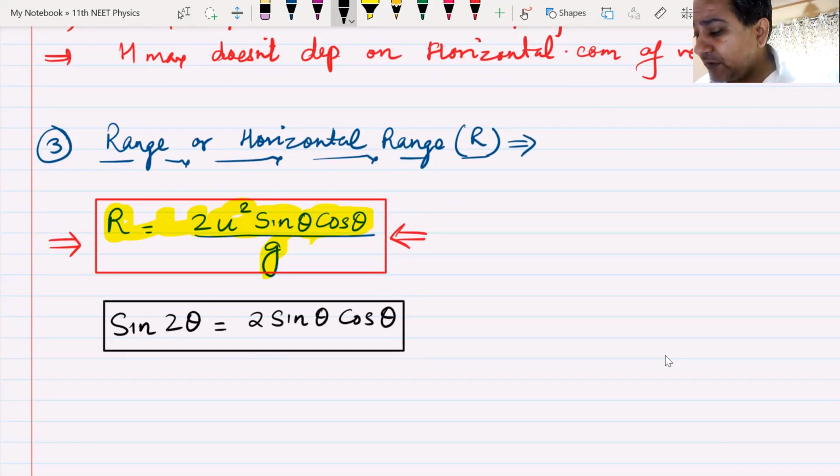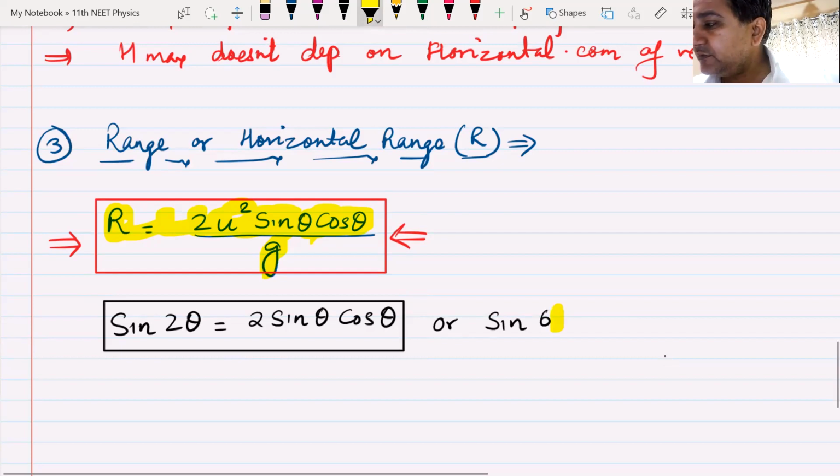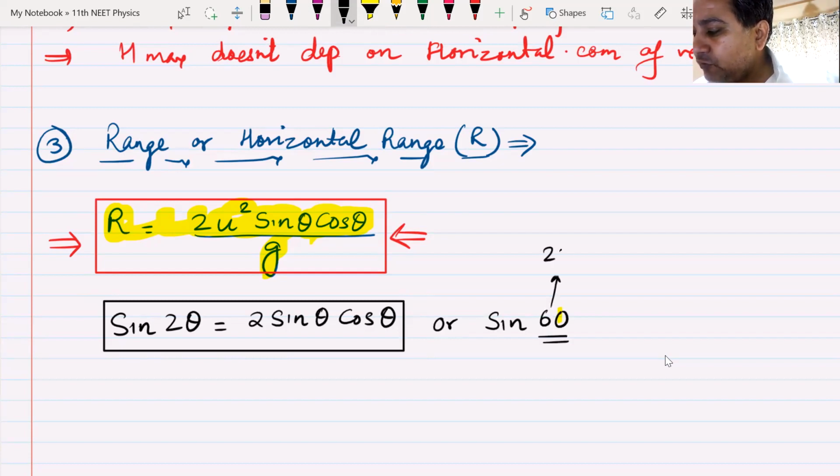For example, if I had to find sine of 60 degree, I can write this 60 degree as 2 multiplied by 30.